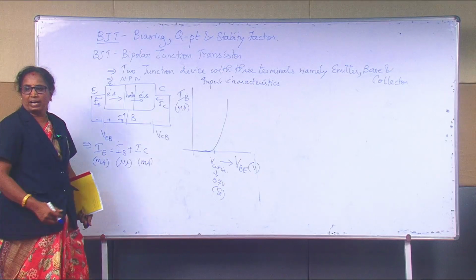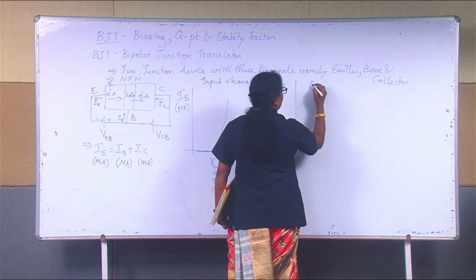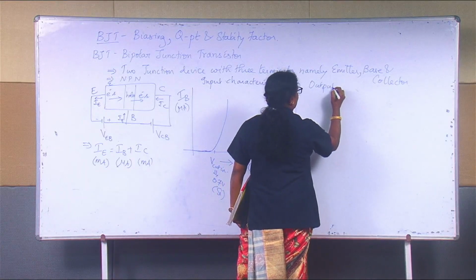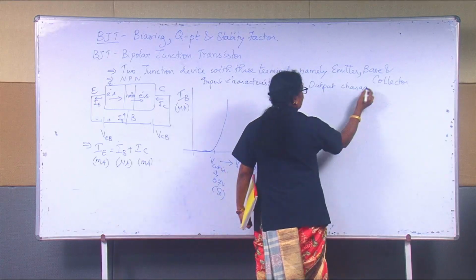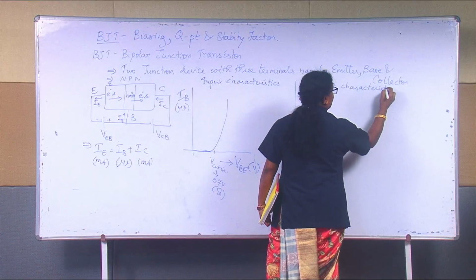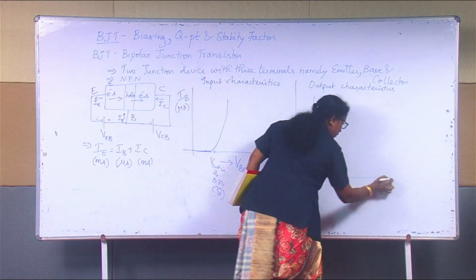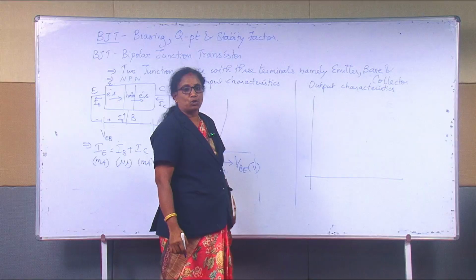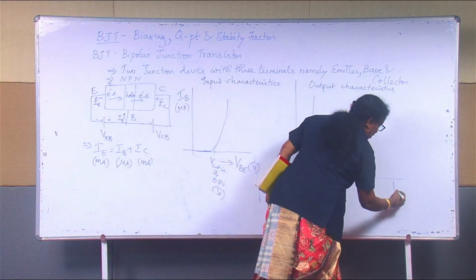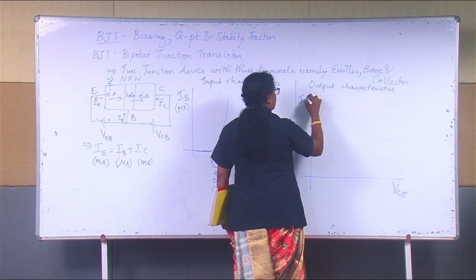Right. So next comes the output characteristics of this BJT. It's a graph drawn between collector to emitter voltage and collector current.